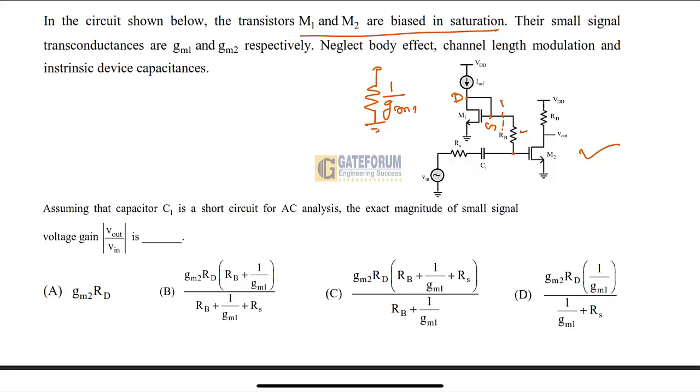As per the statement, under the AC analysis or the AC equivalent circuit, this C1 is short circuited. So we will consider the rest of the part as RS, then Vin, and the AC equivalent of this M2 transistor. By taking all these into consideration, I am going to draw the small signal equivalent circuit first, and after that we derive the voltage gain Vout by Vin, its magnitude.